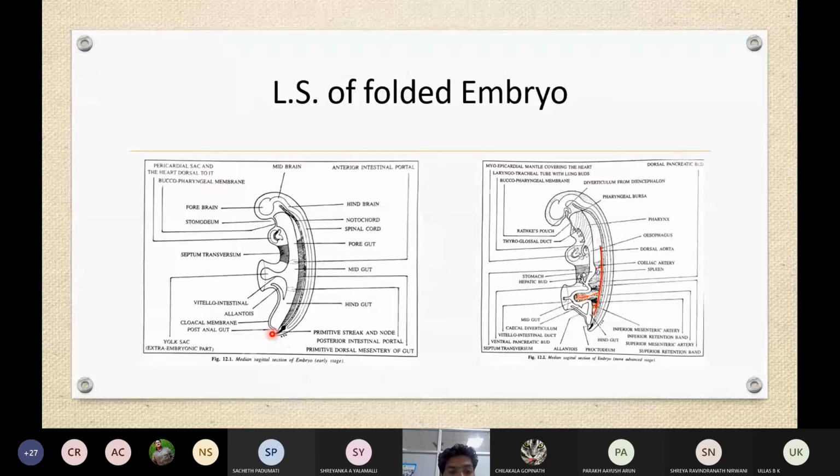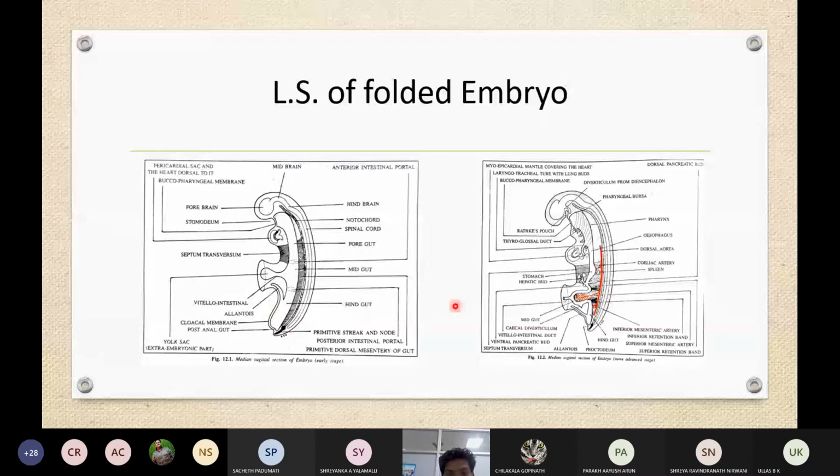Tail gut is actually nothing but the post-anal gut. If you see the pointed area here, this is the tail gut or the post-anal gut. This post-anal gut is the pointed protrusion where in the future we are going to have the anal canal over here.